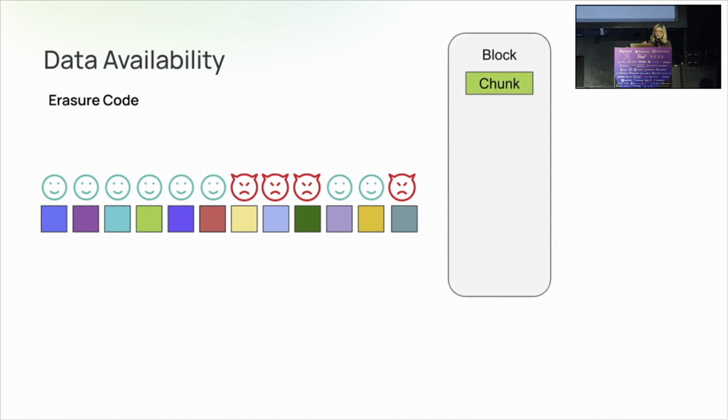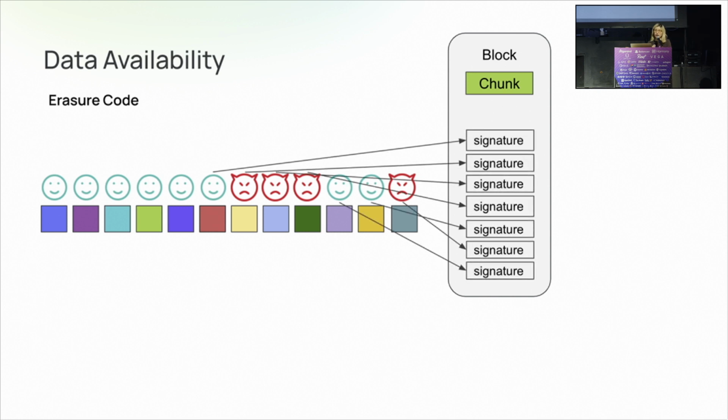And when validators see the block that contains the chunk, they will only sign on this block if they have received their own chunk part. So if the block is signed by the majority of validators in the system, that is more than half of the validators, and we assume there are less than 1/3 malicious validators, which is a common assumption we usually make in blockchain, that means there are at least 1/6 of validators who have signed on this block and have received their chunk parts.